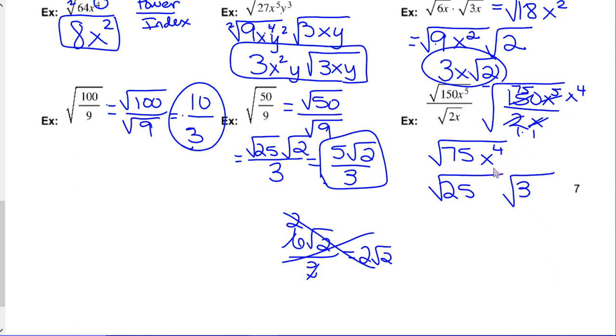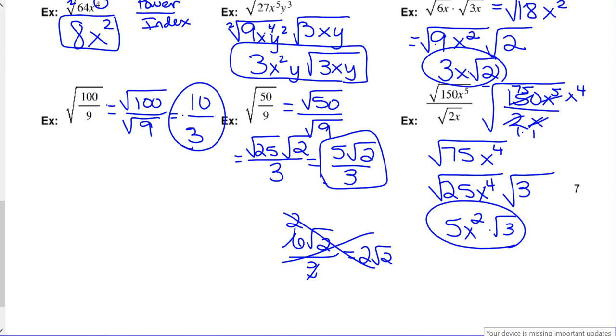And since 4 is an even power, it is a perfect square. So now simplify this part. Gives me a 5x to the 2nd when I divide power over root. And then I have the leftover of the square root of 3, making that my final answer. Okay? All right, very good.